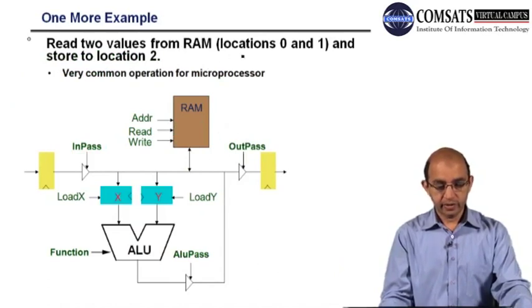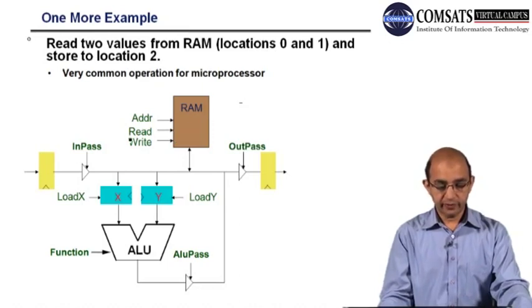So we need to read two values from RAM, from location 0 and location 1, and store the result to location 2. This is a very normal operation. We will be generating the corresponding address, and then we will have the read operation.